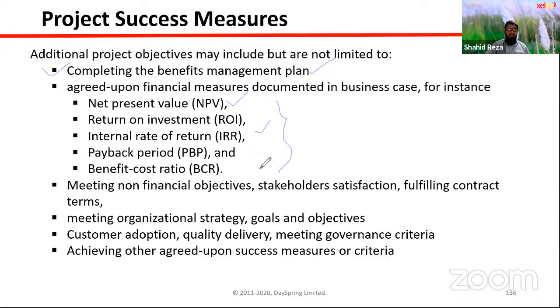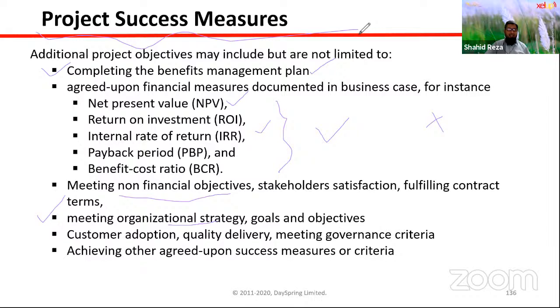If these are met, then we say the project is successful. And also meeting non-functional objectives, whether this output, product or result met the organizational strategy or not. So these are the additional things we can use as project success measures.